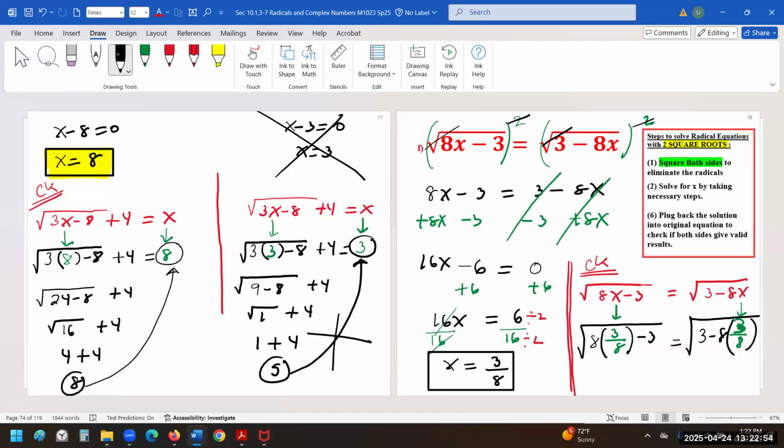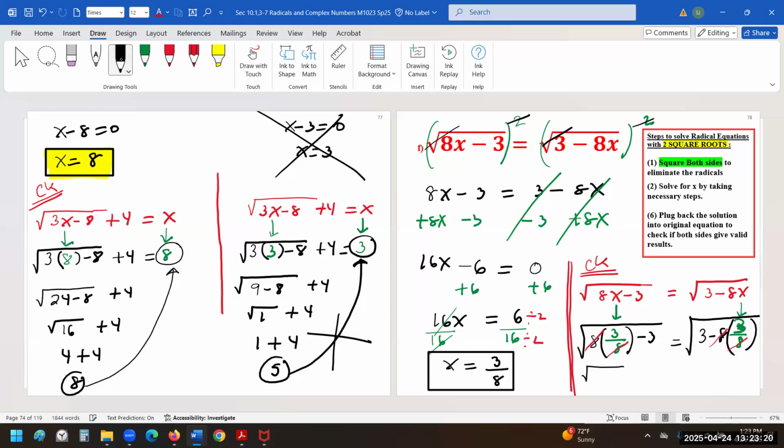Now, to make our life easier, what do you think we should do? Cancel. Good job. See, 8 on the numerator, 8 on the denominator. As long as one is on the numerator and one on the denominator, we can always cancel them. 8 cancels with 8. This 8 also cancels with this 8.